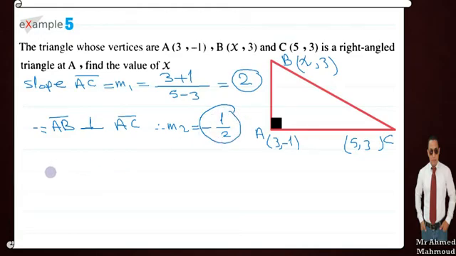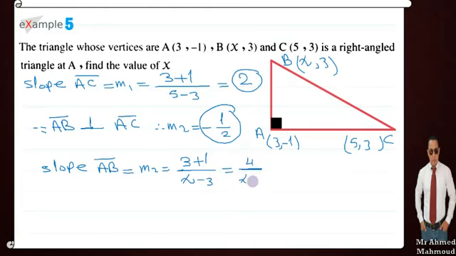Slope of AB, which is m2, equals 3 plus 1 over x minus 3, which is 4 over x minus 3. So this slope equals negative 1 over 2.